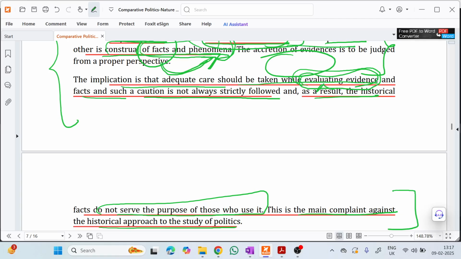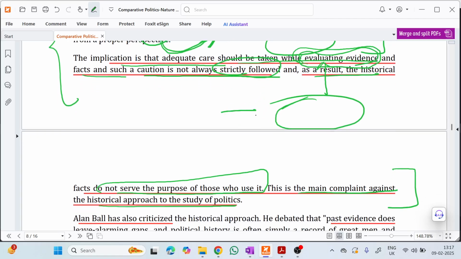Then the evaluation of those evidences should also be unbiased and objective, but such objective analysis is not strictly followed. That's why even the already subject-prone, already error-prone historical evidences are further subjected to the personal bias of the evaluator.